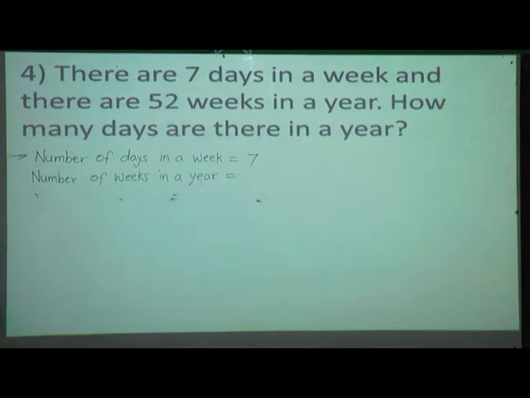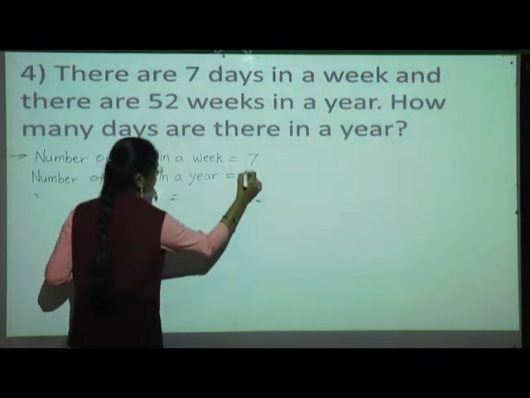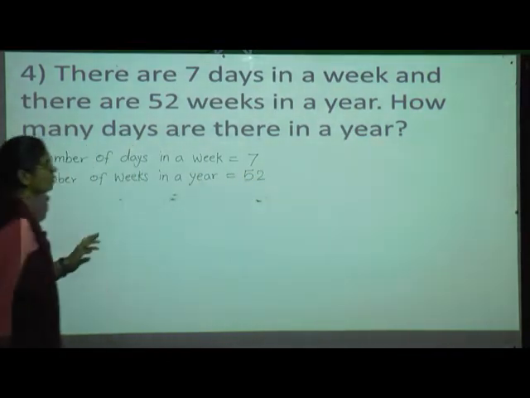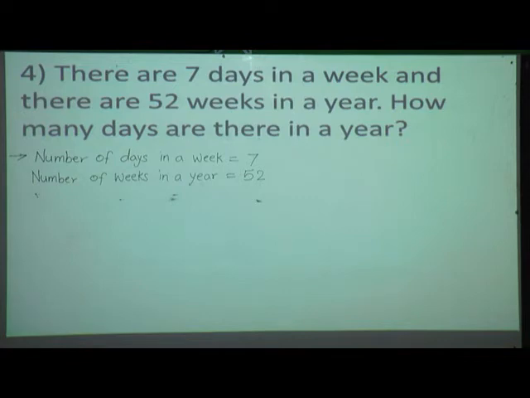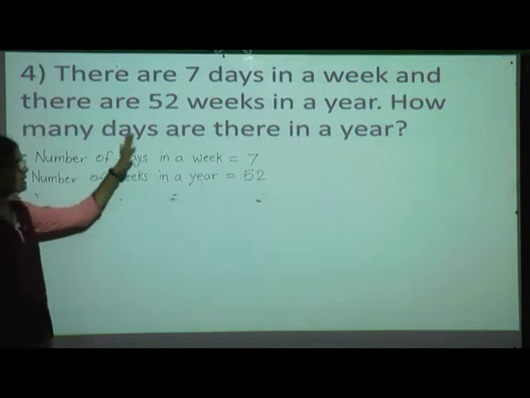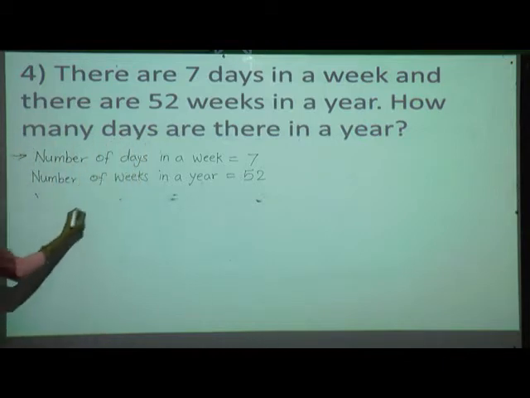In 1 year there are 52 weeks. So we will write here 52. And our question is, how many days are there in a year? Now what will we do? Yes, if we multiply 52 into 7, then we will get the number of days in a year. So do the multiplication.